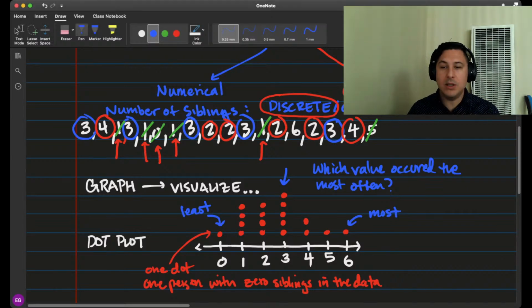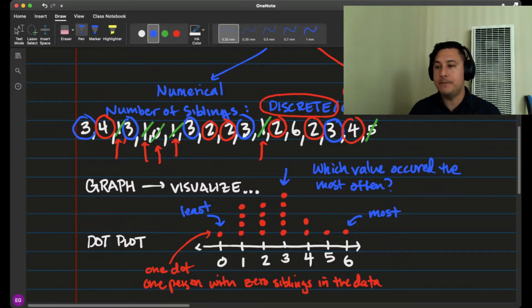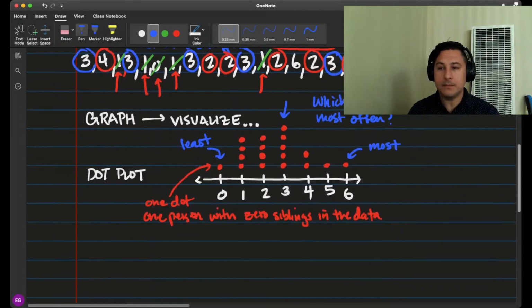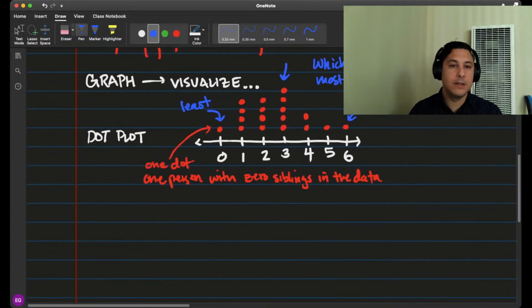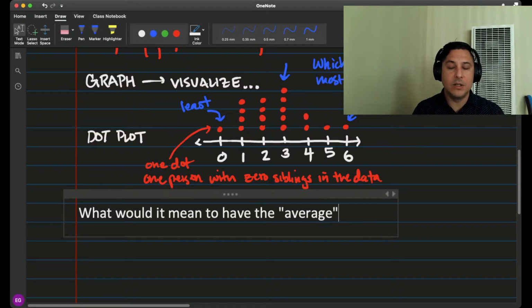Okay, so you know how you probably heard the term average, like someone has the average number of siblings. So you can start wondering, like, what do we mean when we say that? So let's type this down. What would it mean to have the average number of siblings?